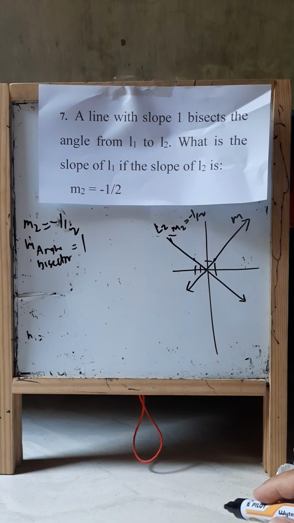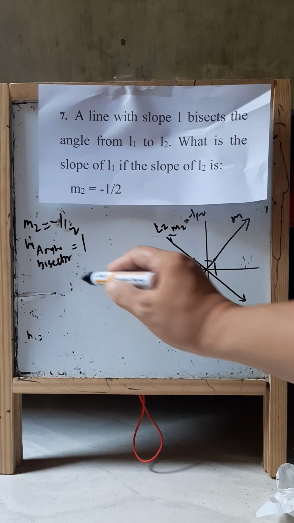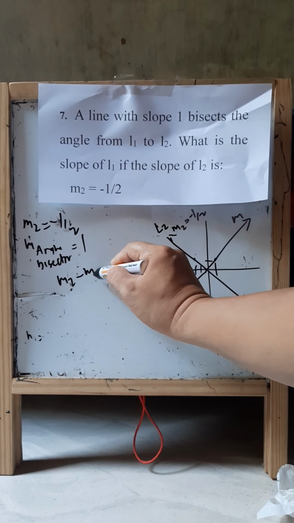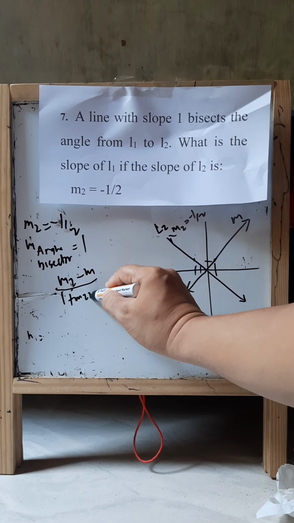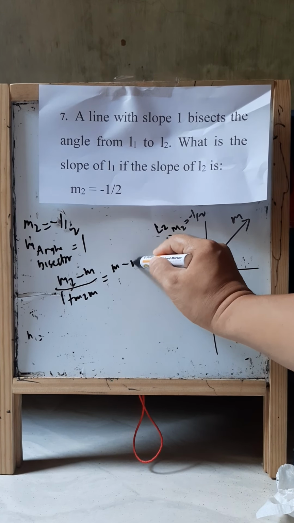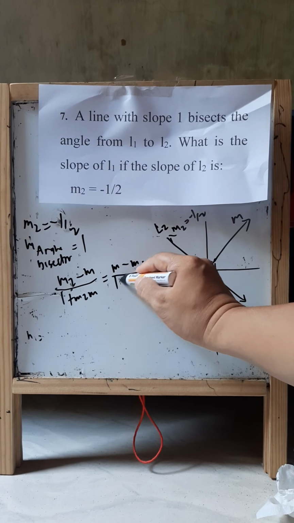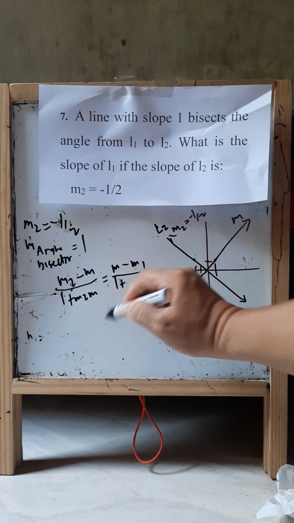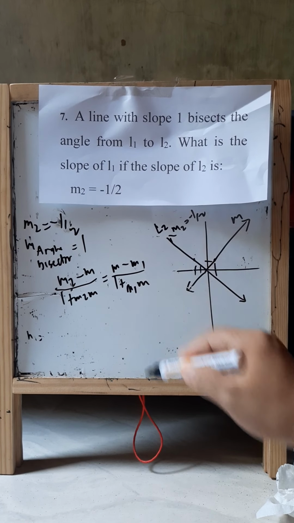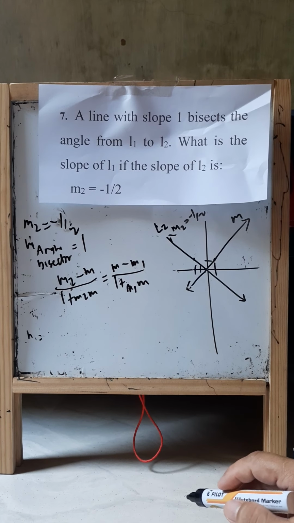So what will be our equation here? M sub 2 minus m over 1 plus m sub 2 m equals m minus m sub 1 over 1 plus m sub 1 m. Then, substitution na tayo.